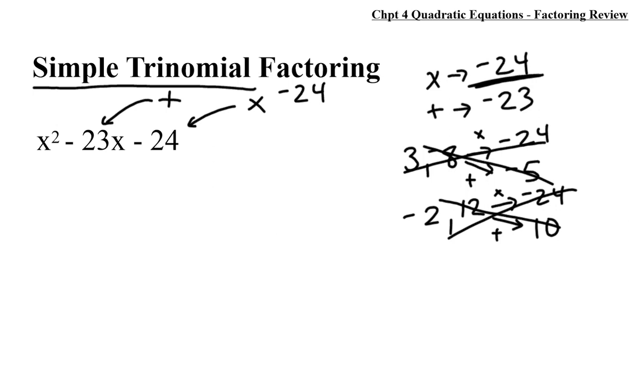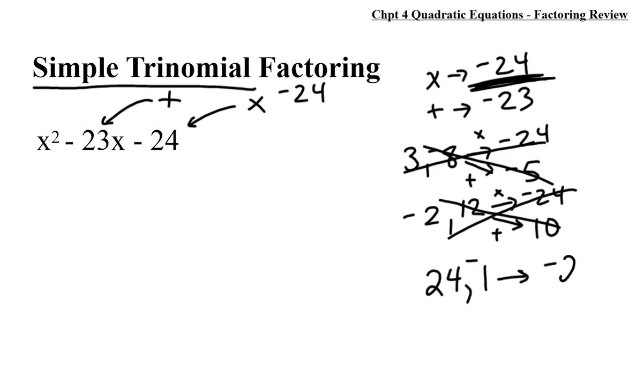Sometimes the one that's a little goofy for these, still working with the negative 24, a lot of times we always talk about multiplying by 1 does nothing. But in this case, if I work with 24 and 1, and one of them has to be negative, let's try the negative 1.